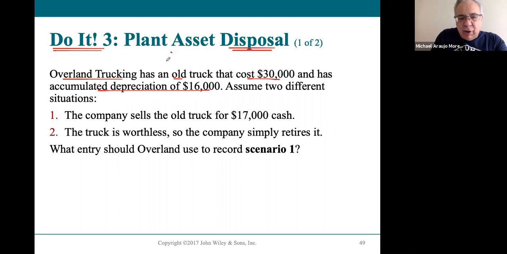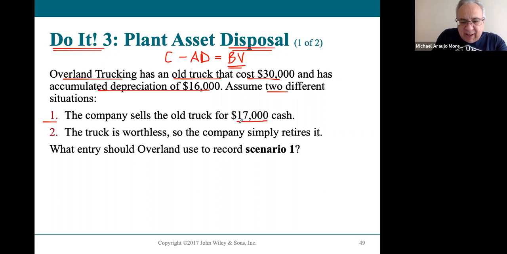Now remember, the cost minus the accumulated depreciation, as you know from last objective, is the book value, right? So the book value of this truck is $30,000 minus $16,000, or $14,000. So you have to know the book value. Two possible things could happen. The first thing is they sell the truck for $17,000. So $17,000 would be the proceeds.